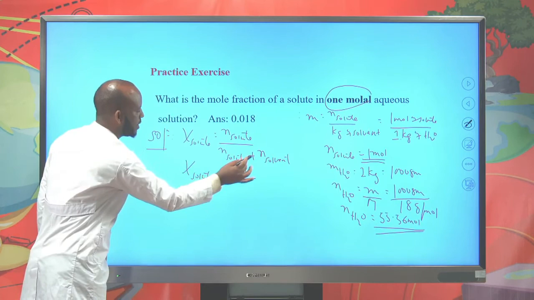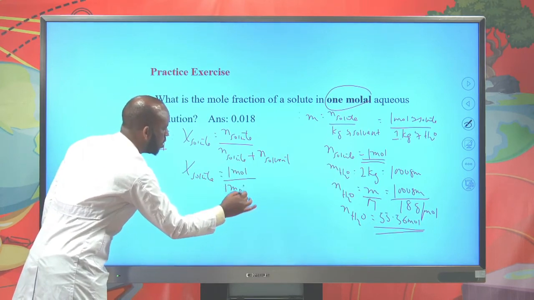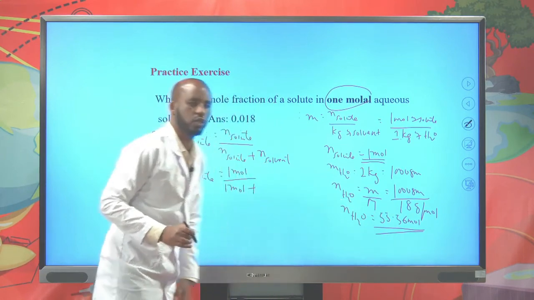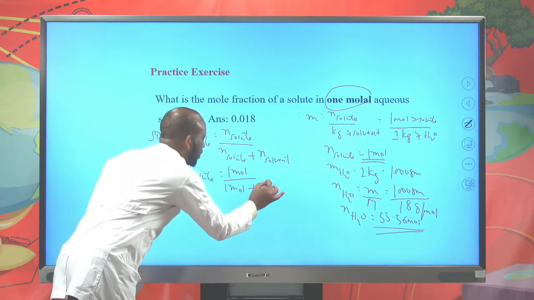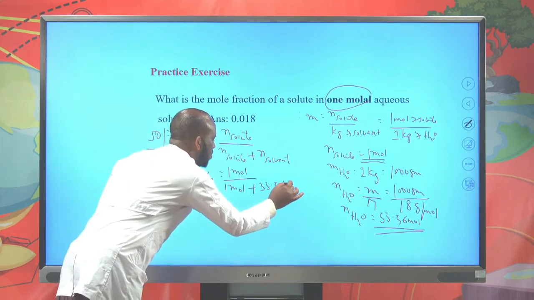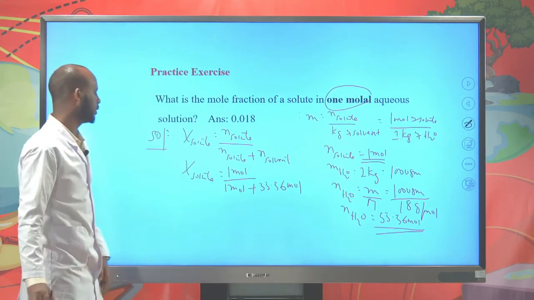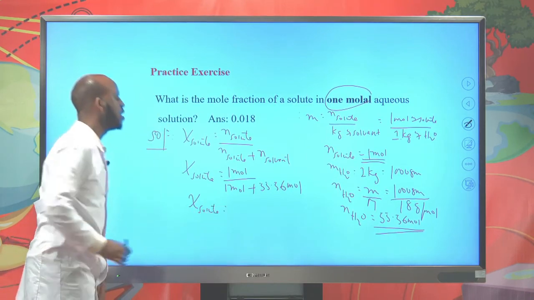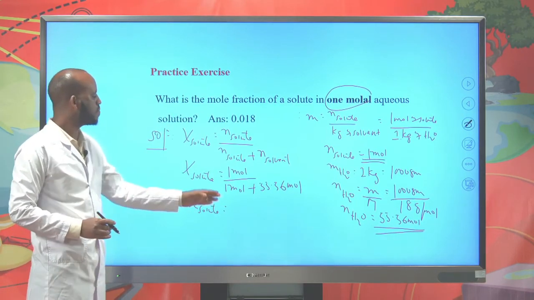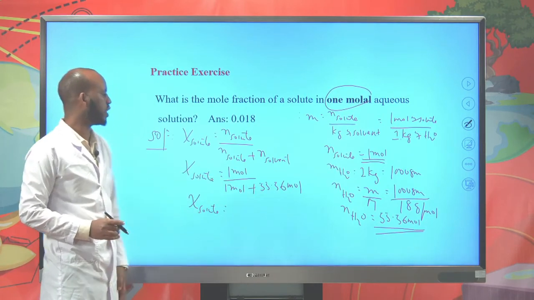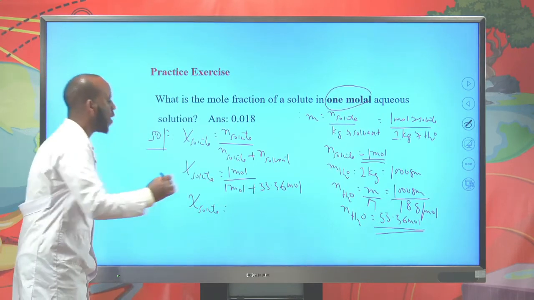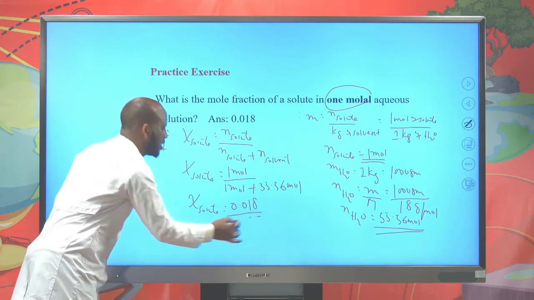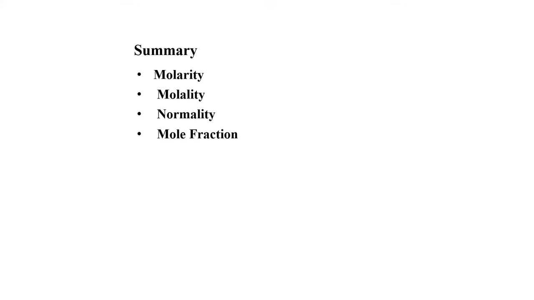Number of moles of solute is 1 mole, plus number of moles of solvent, 55.56 moles. Mole fraction of the solute equals 1 divided by 1 plus 55.56, which is 0.018. Mole fraction has no unit.